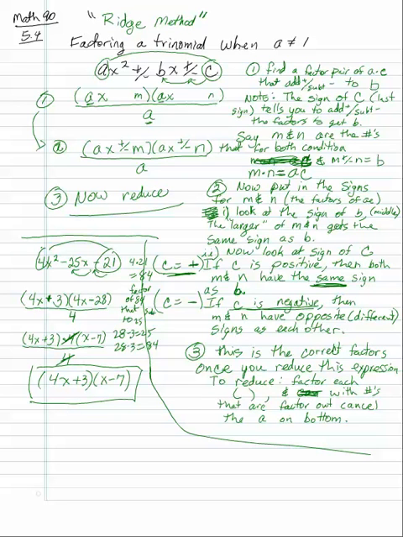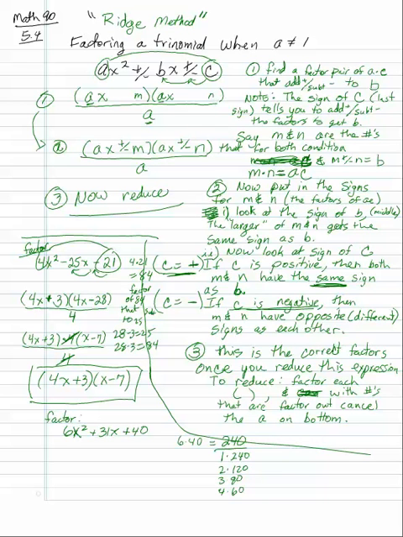Let's try one more. Okay, so let's try this one. 6x squared plus 31x plus 40. So again, I'm going to go 6 times 40. That's 240. And then I'm going to do the factor pairs of that. 1 and 240. 2 and 120. 3 and 80. 4 and 60.